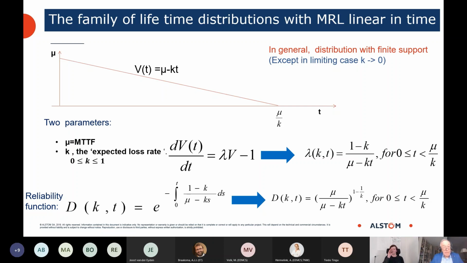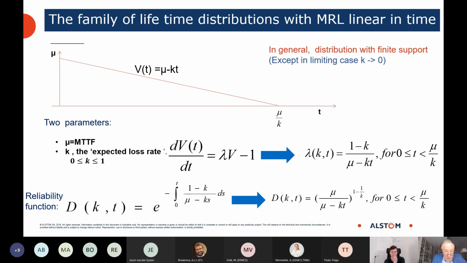So what does it mean? If the MRL is a linear function of time, there are two parameters: mu, which is the MTTF, V of 0, and k, which is the slope. Generally, it has a finite support from 0 to mu over k. But of course, if you let k go to 0, the finite support becomes infinite. So k is indeed the expected loss rate.